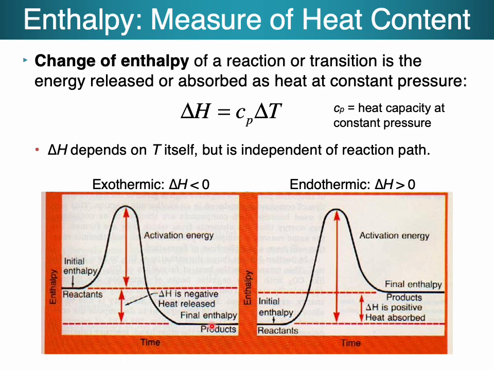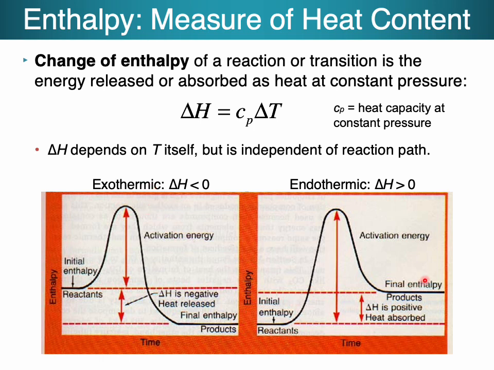In this example, as reactants overcome activation energy and finally become products, if the products have lower enthalpy than the reactants, then delta H is negative, which practically means that heat is being released during this reaction. We call such reactions exothermic.